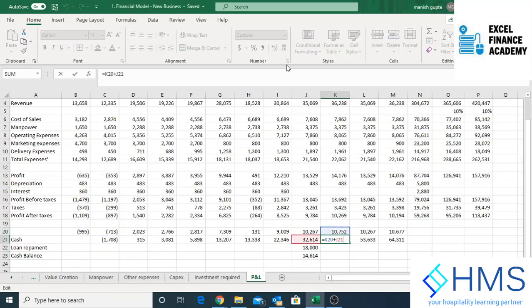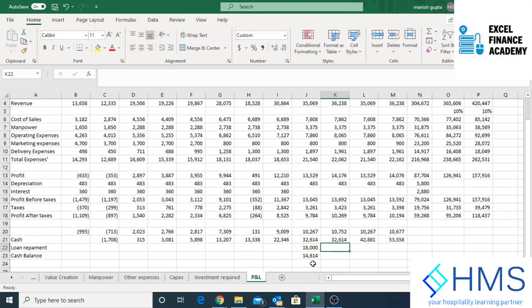So instead of this, we are not going to add by the 20, we're going to add by the 23. Sorry, my mistake. So you're going to have again 46,000. So that's how you can do it.